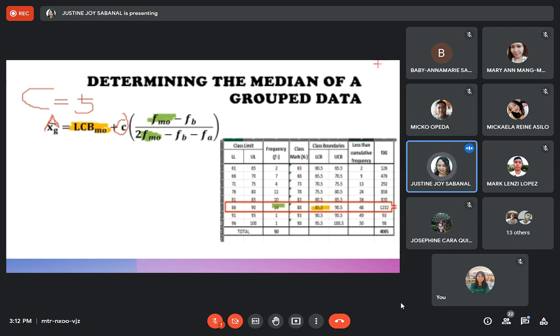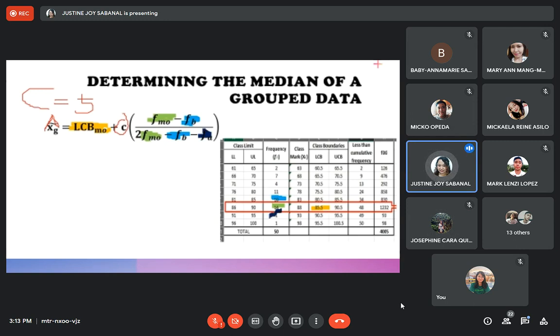Ano yung value? You have? 10 po. Okay. Tapos yung F sub A, frequency after. 1 po. Okay.